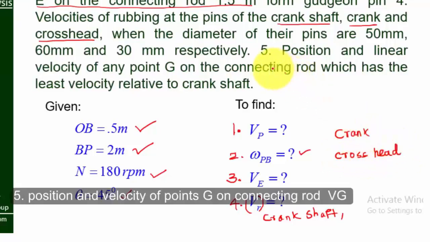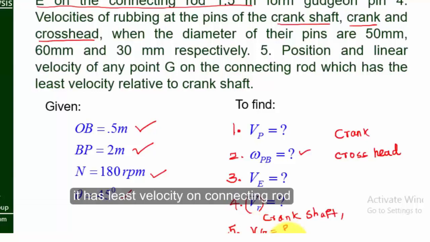Subdivision 5, position and velocity of point G on connecting rod. So Vg, that is subdivision 5. It has least velocity on the connecting rod.